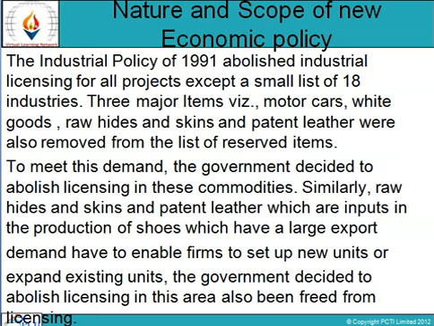The industrial policy of 1991 abolished industrial licensing for all projects except a small list of 18 industries. 3 major items, which are motor cars, white goods, raw hides and skins, and patent leather, were also removed from the list of reserved items.